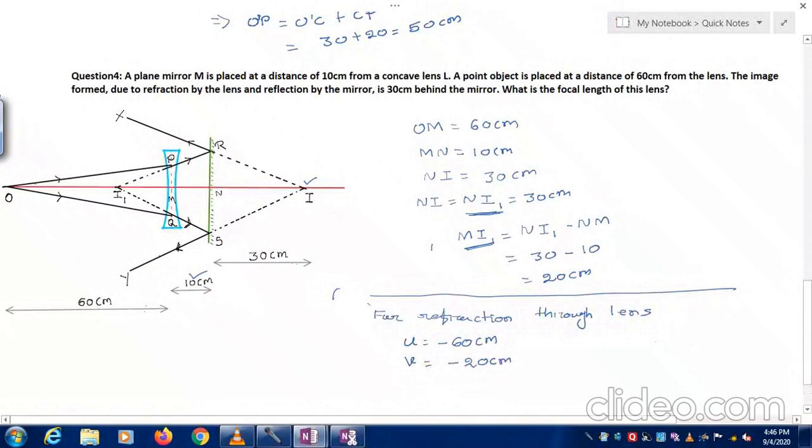So now we will apply the lens formula, that is 1 by F is equal to 1 by V minus 1 by U.